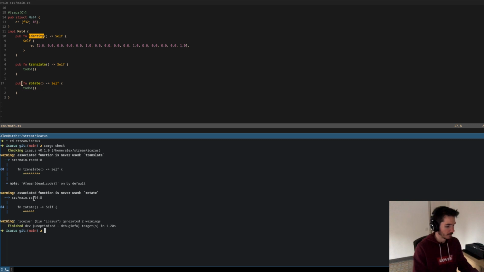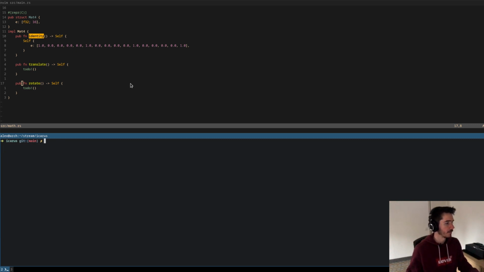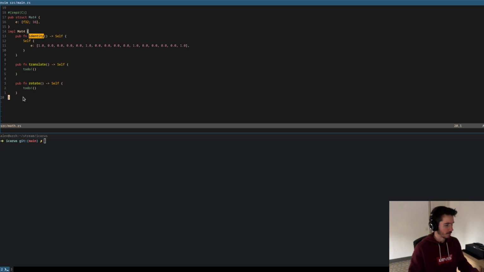Looks like we do. Good. So now I want to maybe add some unit tests. So we can do that by creating a new module inside of this module, configuration test, named tests. And in here we can have functions marked with the test attribute.